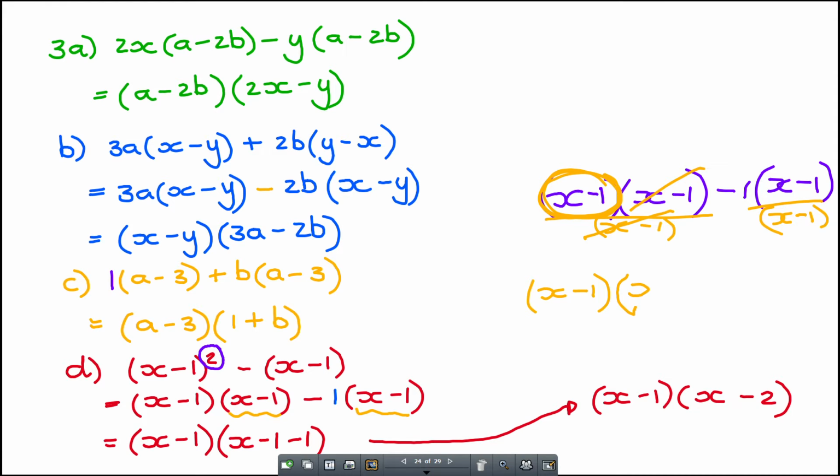So x minus 1. In the second term, if I cancel out these two, what's left? Minus 1. So do you now see how I got to this last step here? And then that minus 1 will just become minus 2.